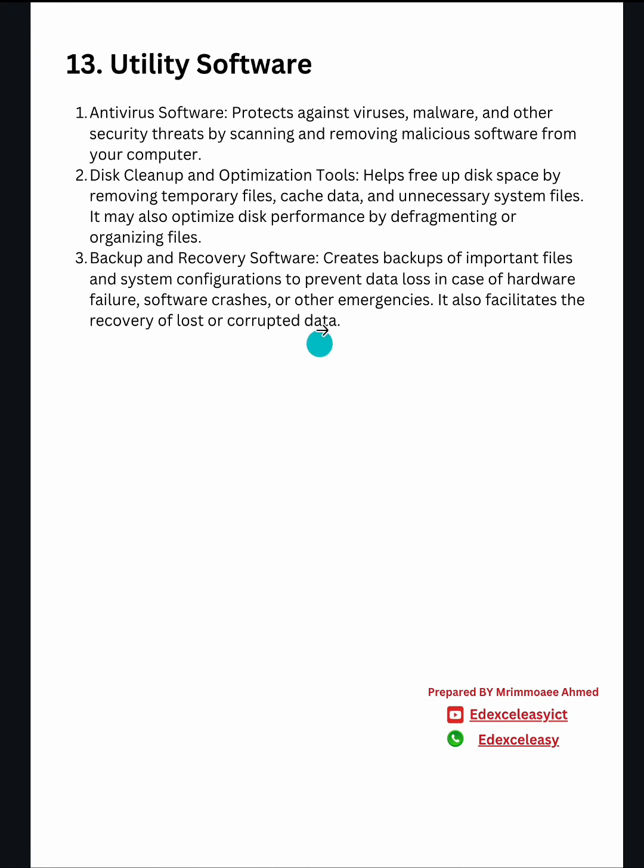Backup and recovery software creates a storage for you so they can back up all the files for emergencies. If your software crashes, it will help you to back up or recover all the things.